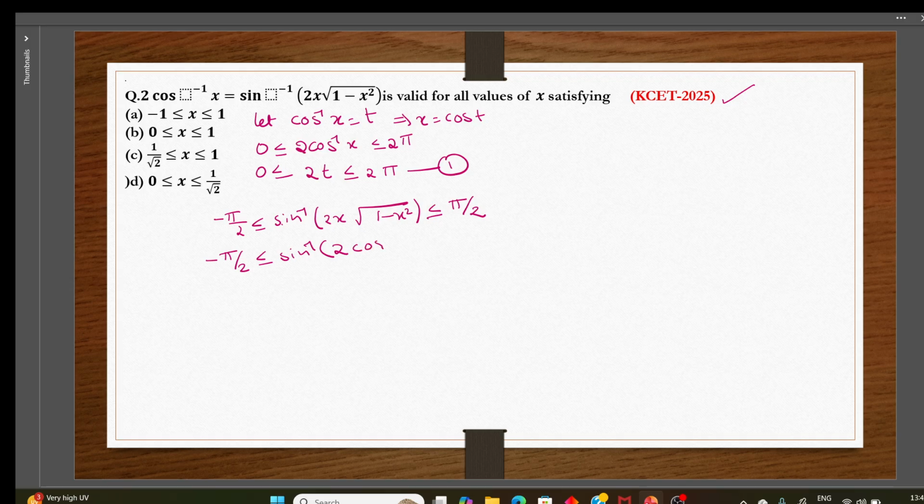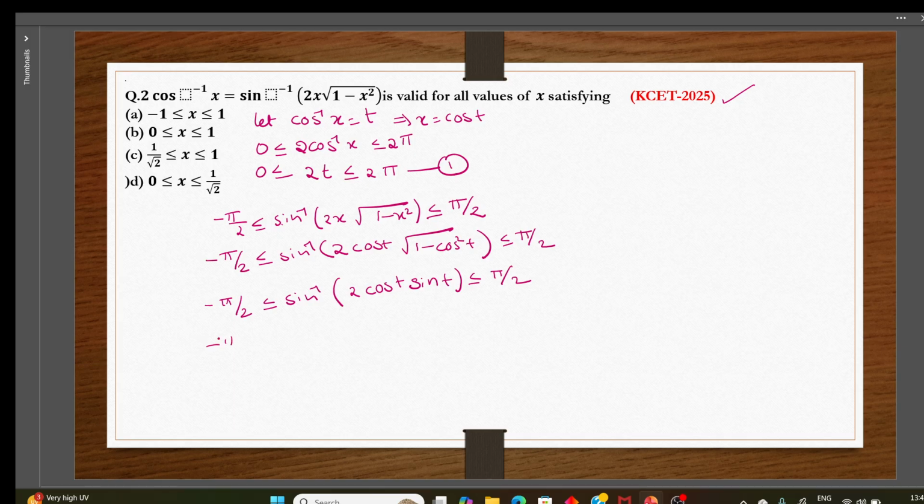So x square means cos square t, and square root of 1 minus cos square t is sin t. So minus pi by 2 is less than or equal to sin inverse of 2 cos t sin t, less than or equal to pi by 2.